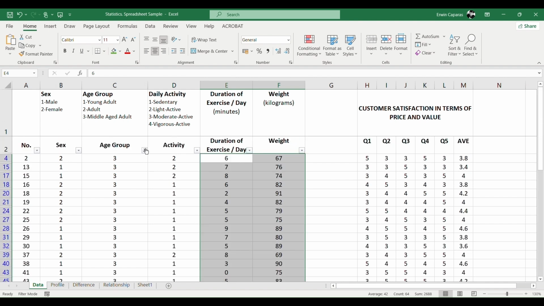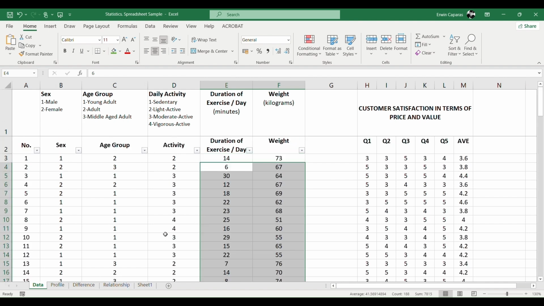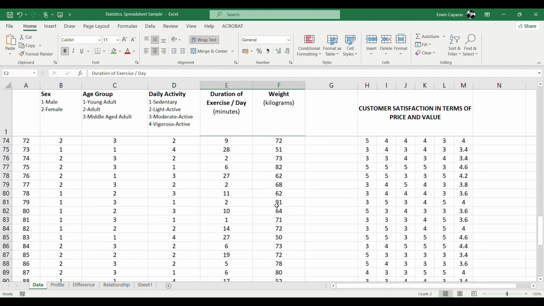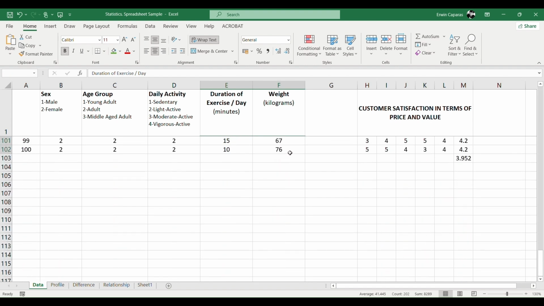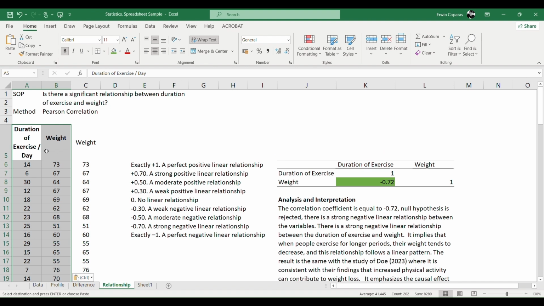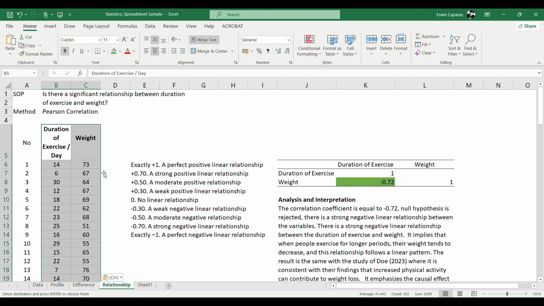So in this case, it is all about the duration of exercise of 100 respondents and the weight of the respondents, from 1 to 100. So we just copy and paste the data, from 1 to 100, and then we copy it here.